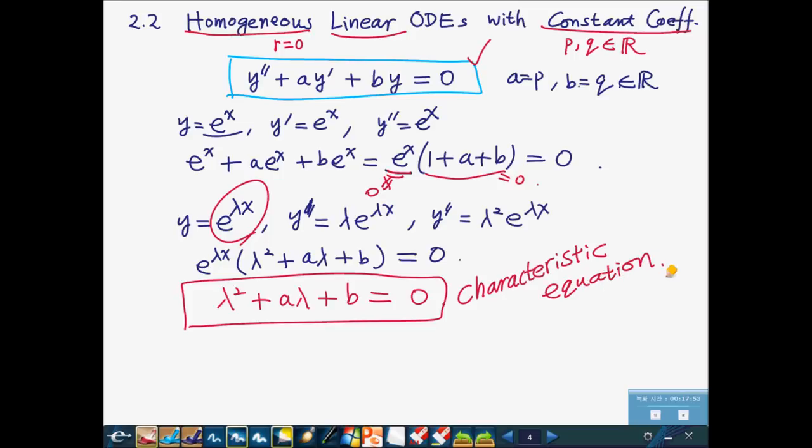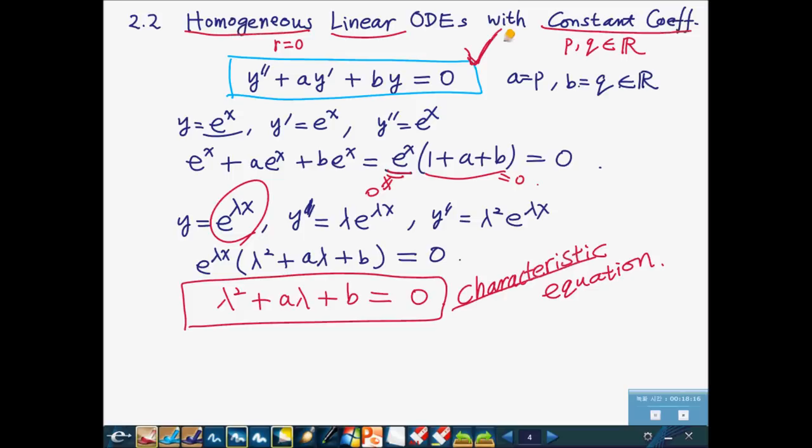Okay? It's second order. It's a characteristic equation. Why? Because it shows the characteristics of this differential equation. This is not a differential equation, this is an algebraic equation, but it shows everything about this differential equation.